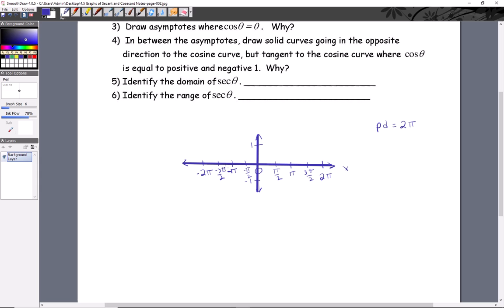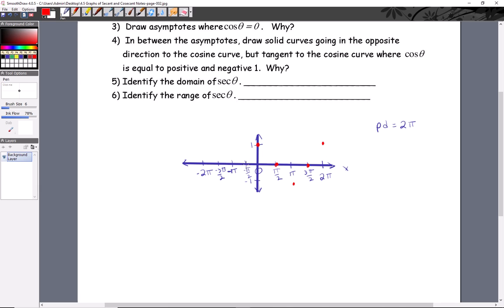Okay, so now we're good to go, and we're going to go ahead and graph the cosine, but we're only going to do this dotted, right? So let's put in some anchor points. Remember, it's high, middle, low, middle, high.